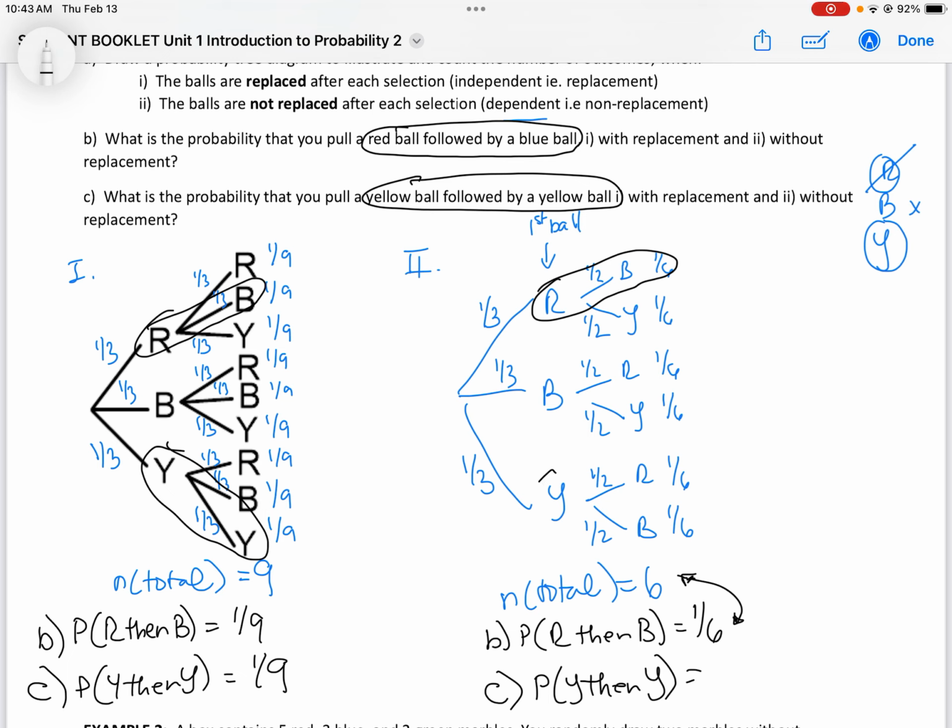So if we take a look at yellow first, the only situations we have are red and then blue. So this is actually impossible. So that's 0 out of 6, because once we pull out the yellow ball, we don't have any yellow balls left to select from.